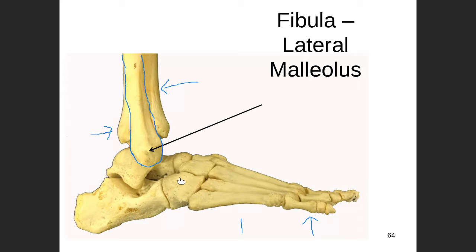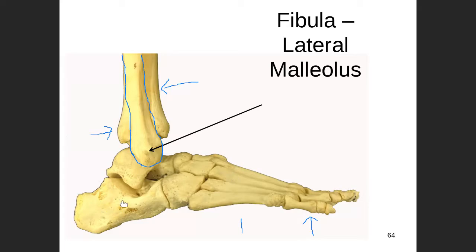Because remember what I said, the cuboid bone articulates with metatarsals number 4 and number 5. Okay, it's the distal tarsal bone that articulates with 2 metatarsals. The other tarsal bones, the cuneiforms, only articulate with 1 metatarsal each.